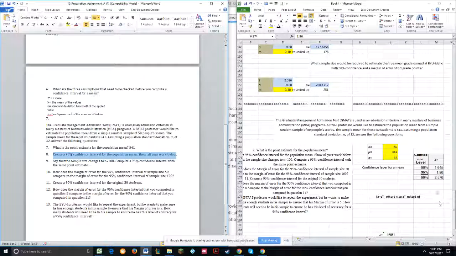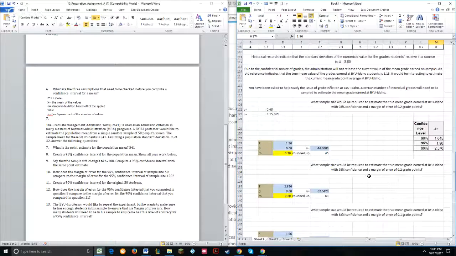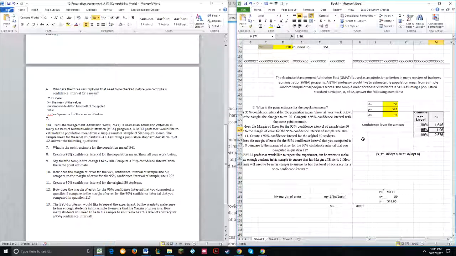You just find it. Yeah, so basically all you're doing is just calculating it out. So you're putting the sample mean, or the point estimate, whatever you want to call it, the 541, and you're subtracting the z-score for 95% multiplied by the standard deviation divided by the sample size that's been square rooted.